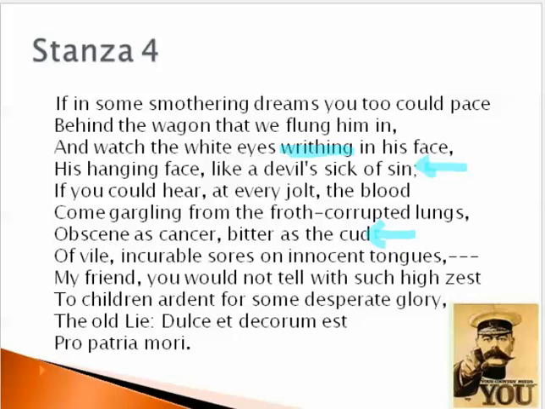Right, the soldiers. So you've got all of these, you know, the people, these young men who are out there in the battlefield, right? My friend, you would not tell me with such high zest to children ardent for some desperate glory. What do we think ardent means?